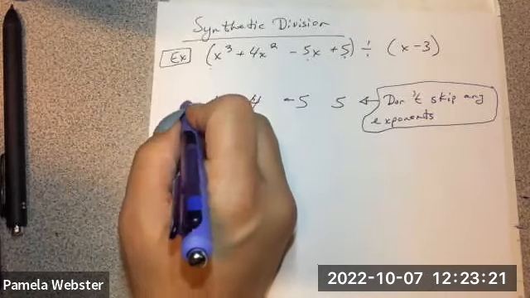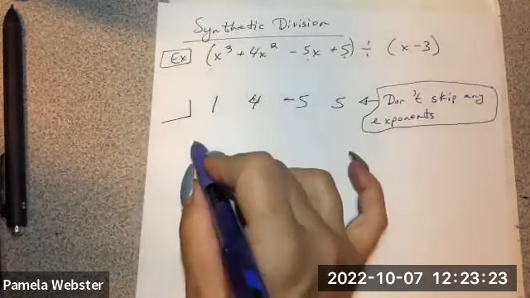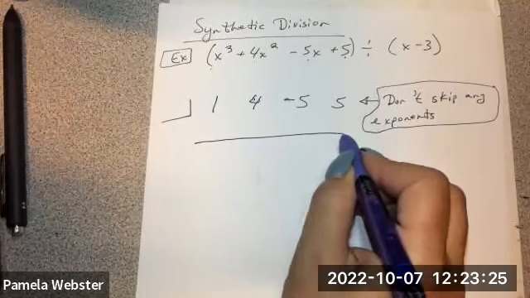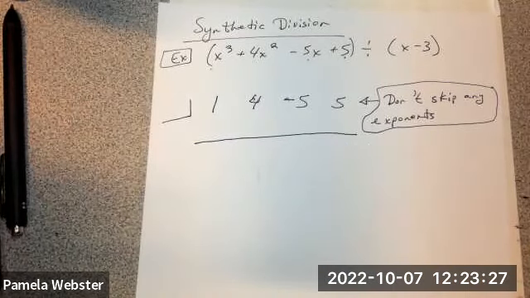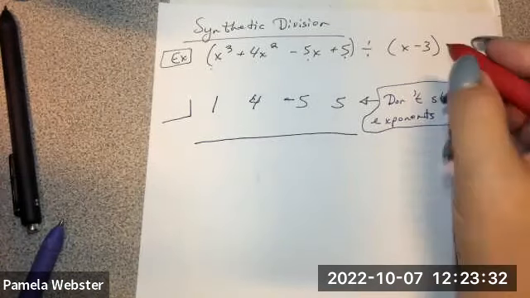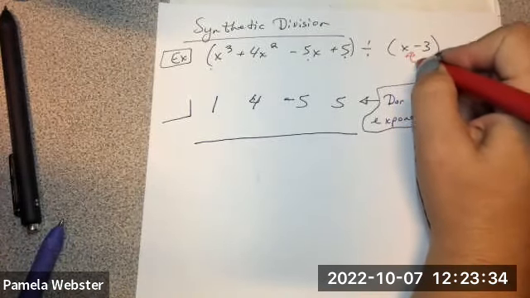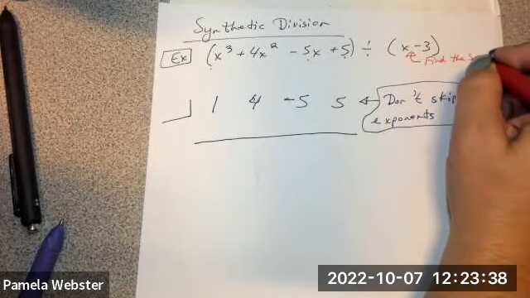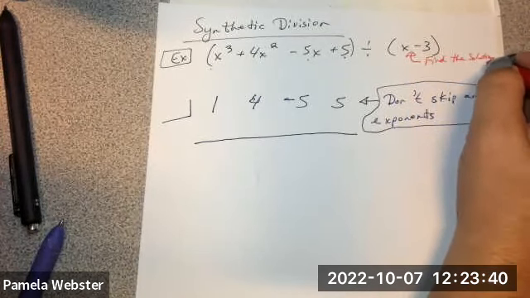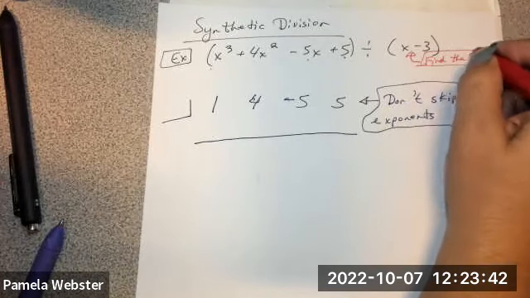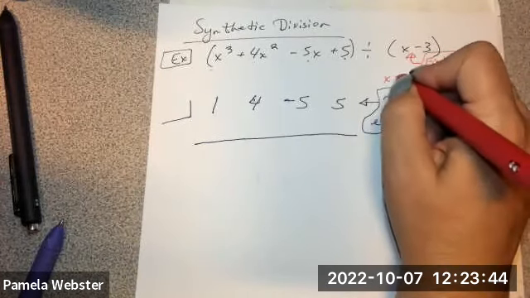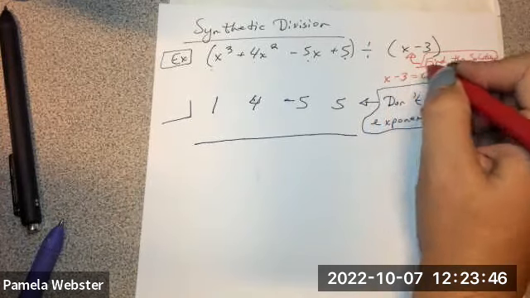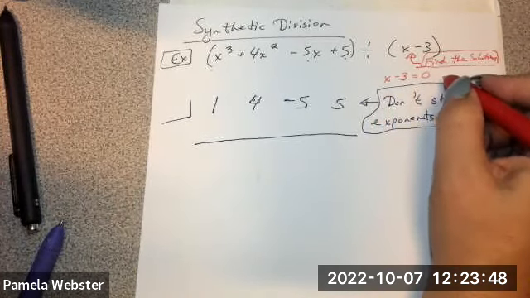And then you'll have a little box out here to the front. Skip a little space and draw a line underneath. And the second thing you got to be able to do is, instead of using this factor, we're going to find the solution. Okay, so the factor looks like x minus 3, but the solution would be whatever this is when I set it equal to 0, right?